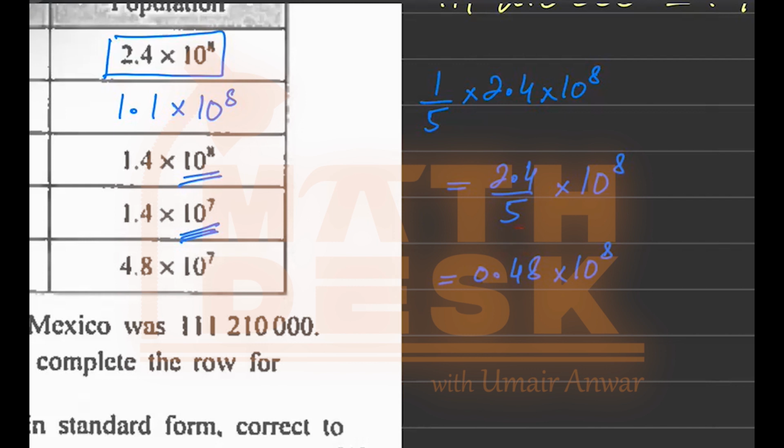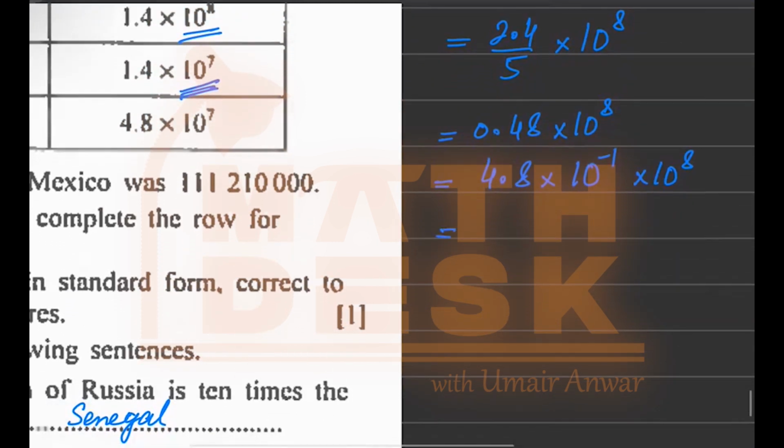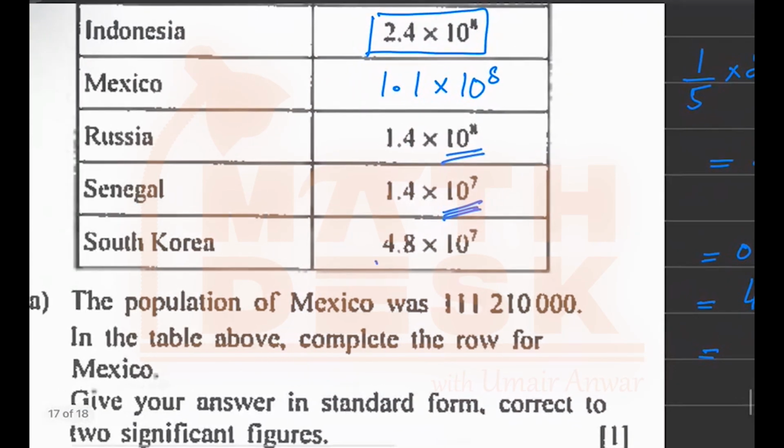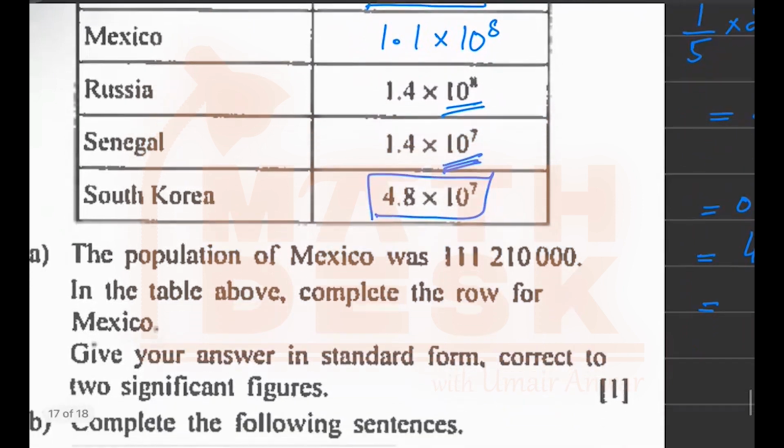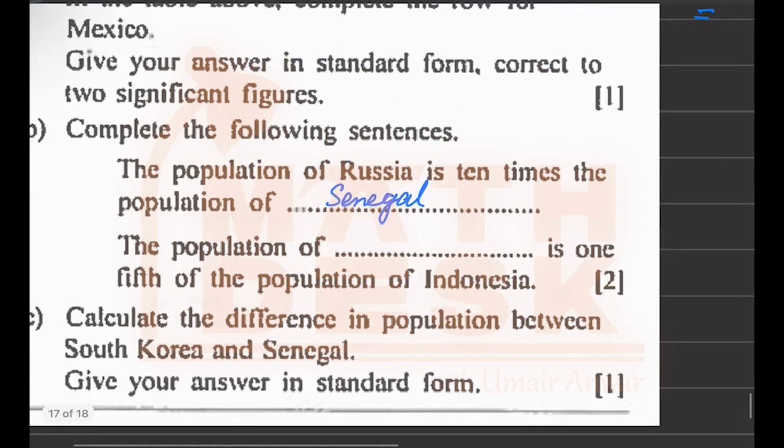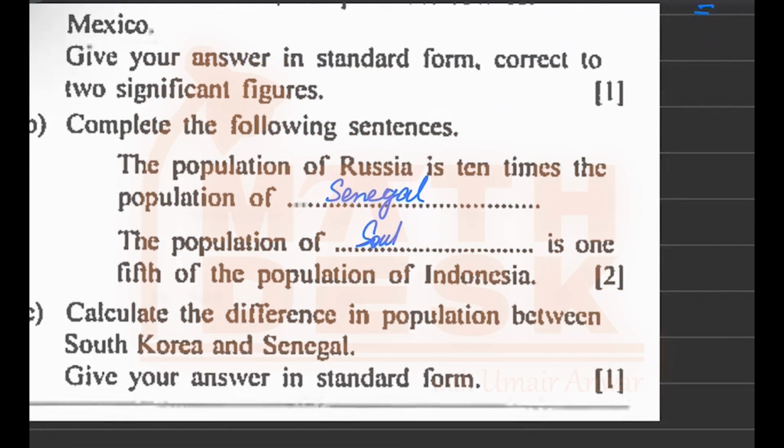So it would become 4.8 into 10 raised to 8. And since we are moving 1 unit to the right, we would be writing 10 raised to minus 1. So 4.8 into 10 raised to 7. This is the population of South Korea over here. So the population of South Korea is 1/5 of the population of Indonesia.